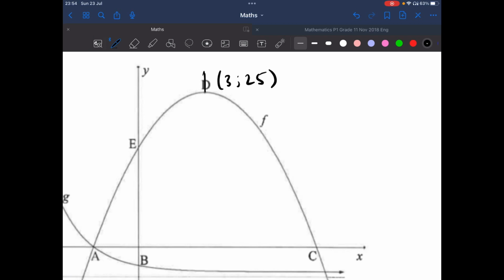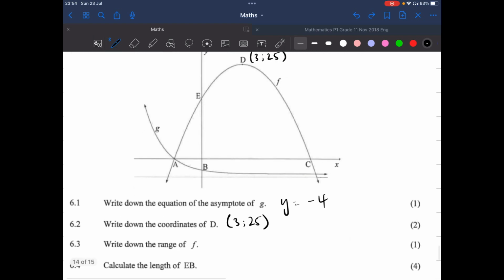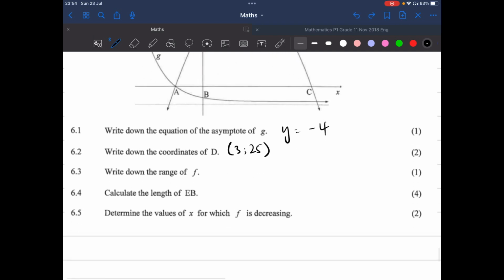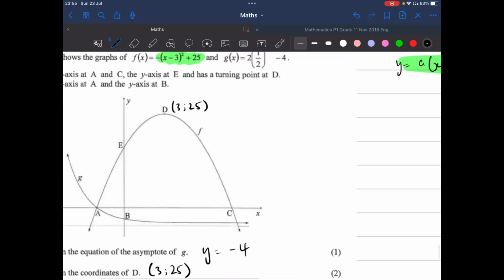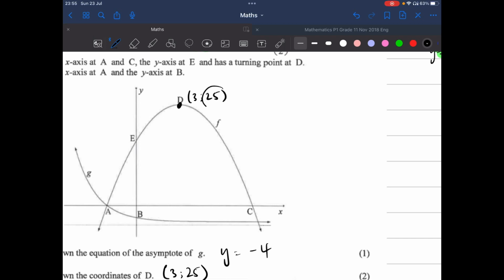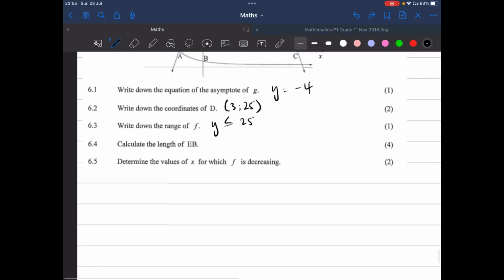You can't go higher than 25, but there's no limit downward. This will carry on to infinity. So that means our range is y is less than or equal to 25. Okay, because it can equal 25. That is our turning point, but it can't be greater than that. So it's less than or equal to 25.